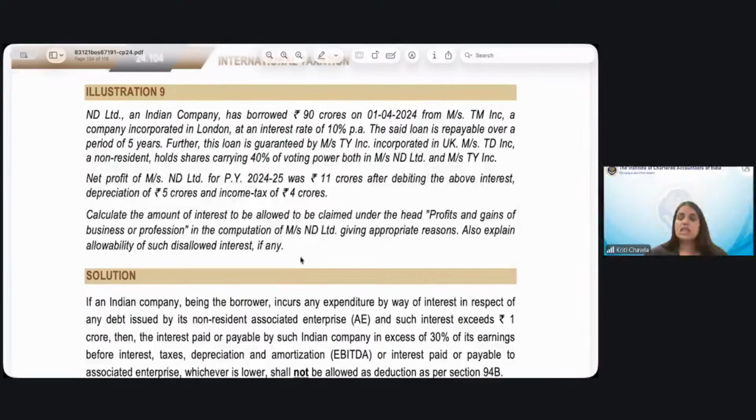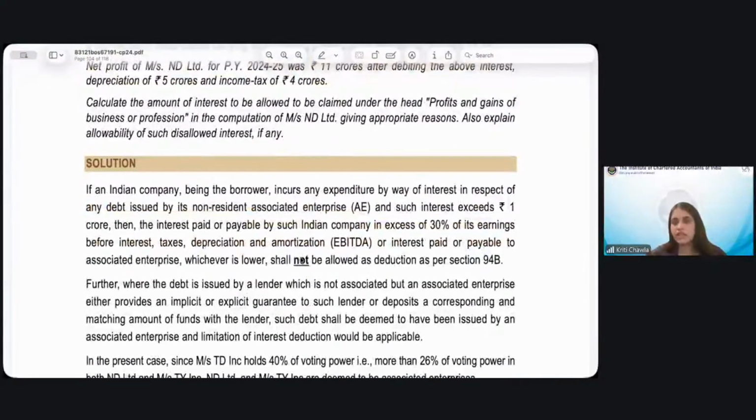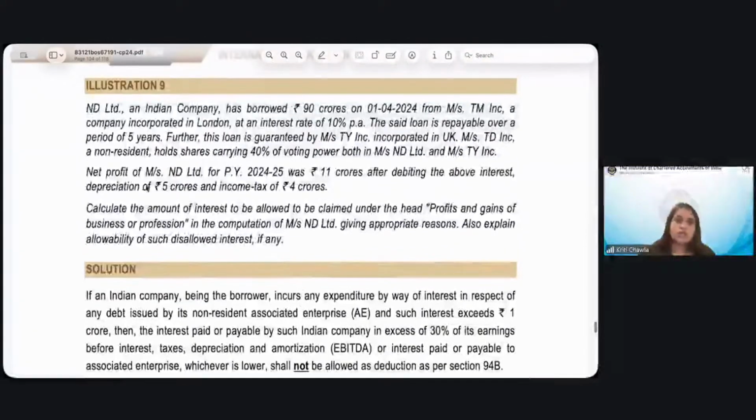So the first thing is whether there are associated entities or not. Well, the first thing that you have to establish here is that if it is an Indian company which is the borrower, and they incur any expense and the interest is more than 1 crore rupees, then you'll have to make sure that section 94B is applicable.